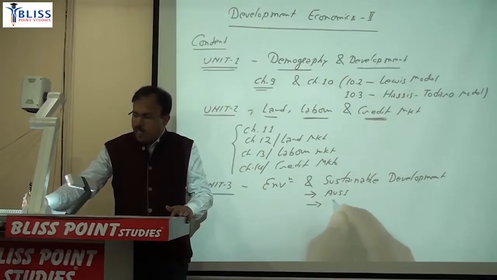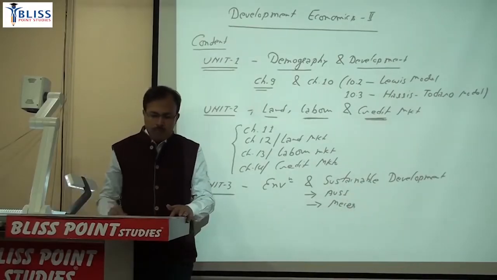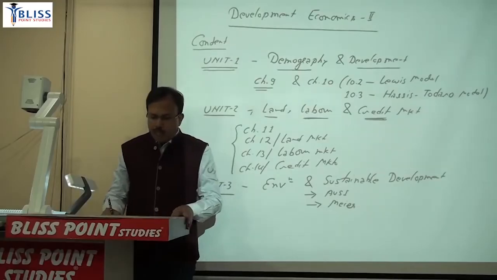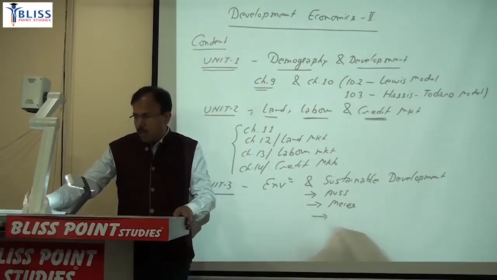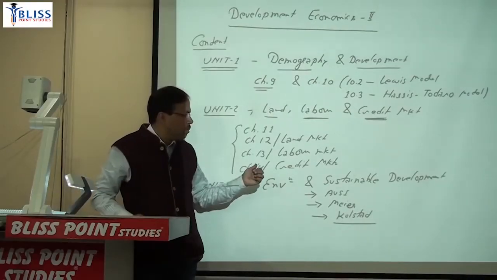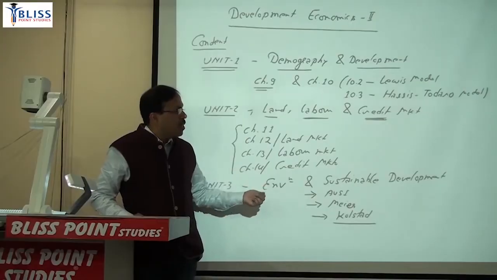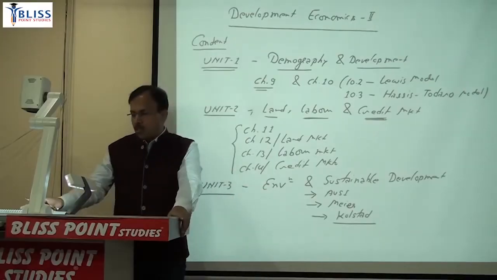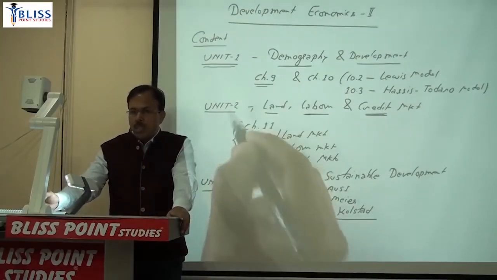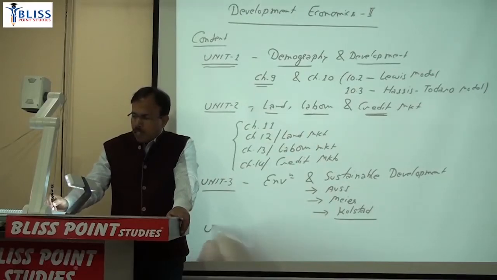Apart from that, one reading of Meyer and one reading of environmental regulation from Kolstad. So there are 3 different readings in unit number 3. From that third unit also you will get 2 questions. So effectively 2 questions here, 2 questions here and 2 questions this.